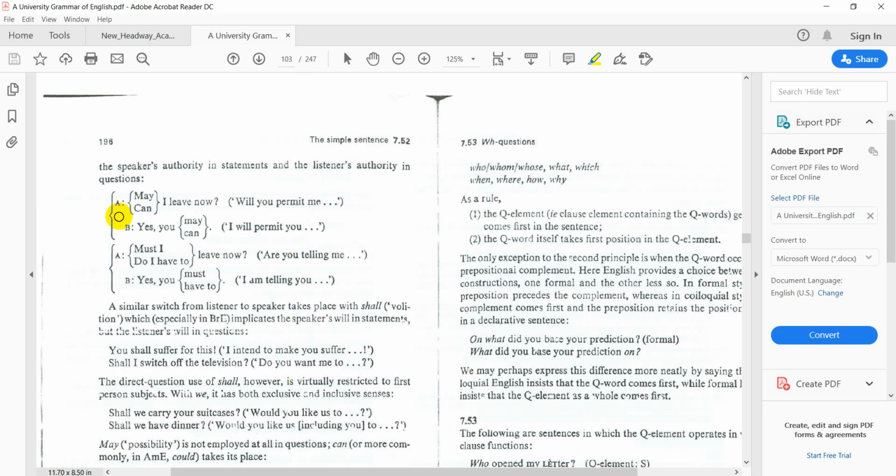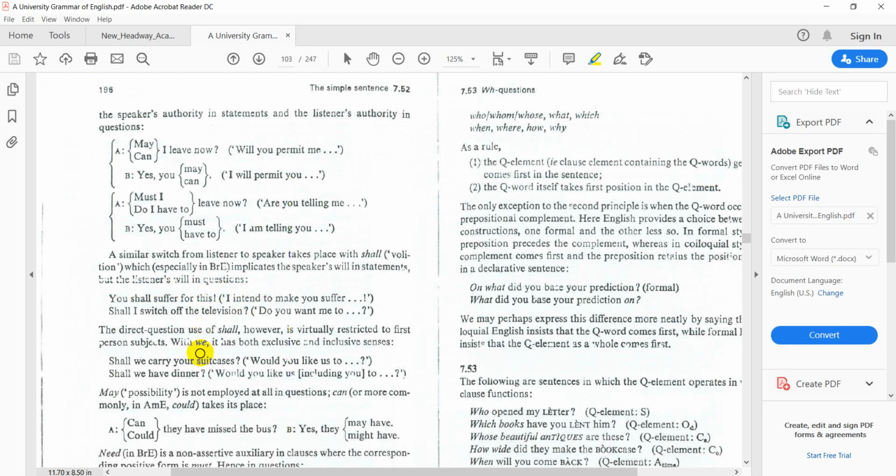Okay. A similar switch from listener to speaker takes place with shall if it comes in the form of volition, which especially in British English implicates the speaker's will in a statement. See, the speaker says something, a statement, but the listener's will in a question.